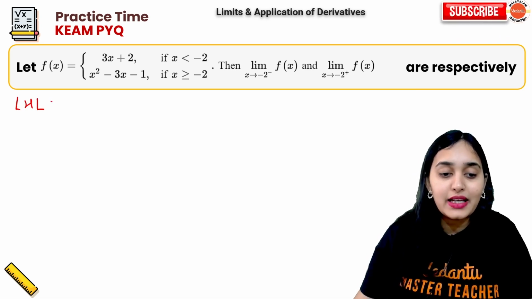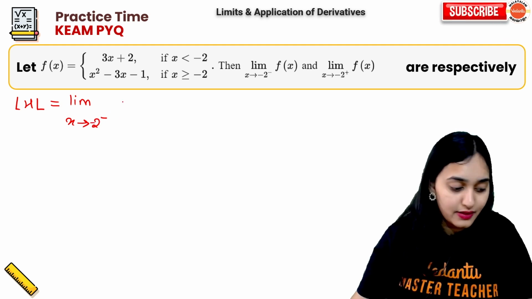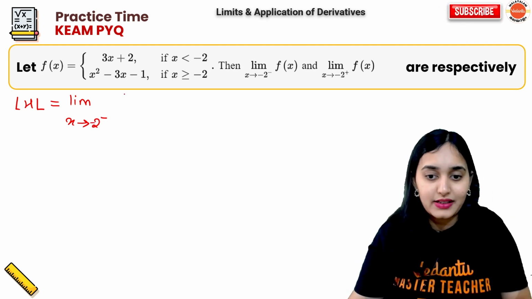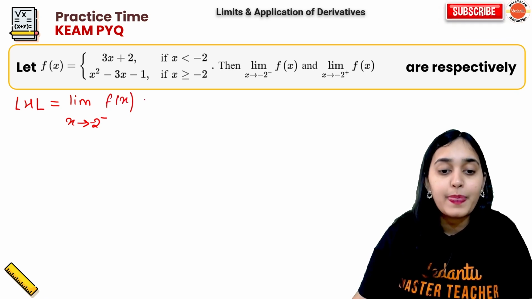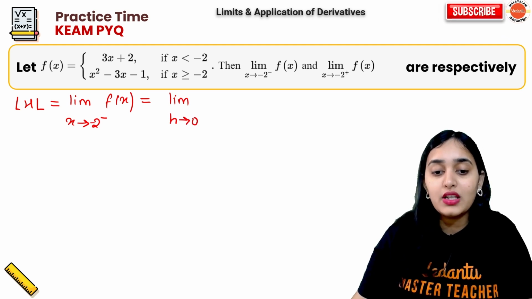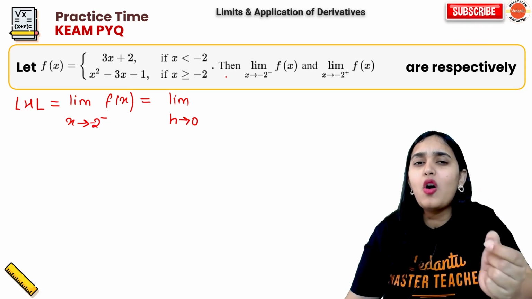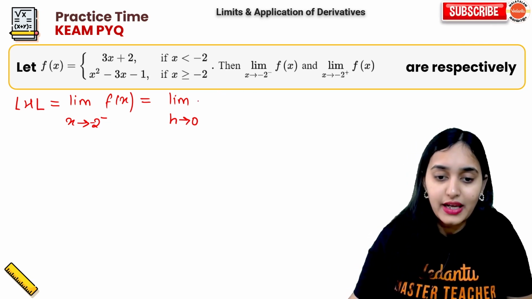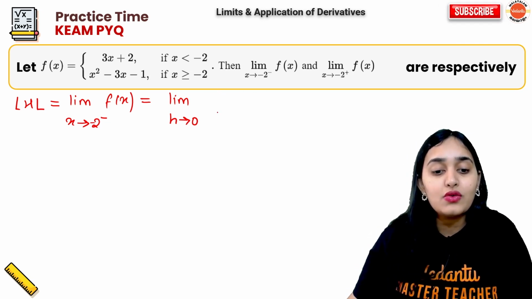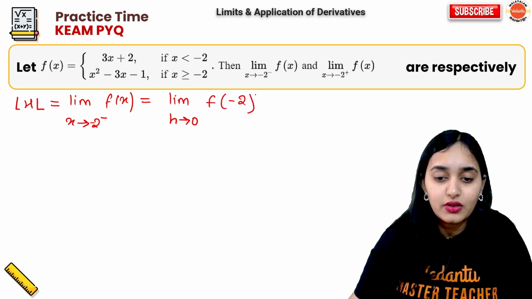Left hand limit is basically limit x tends to minus 2 negative, because we are approaching from the left hand side, of f of x. This is equal to limit h tends to 0. Now what is h? h is a value which is very small, it's almost 0. Okay. Limit h tends to 0, f of minus 2 minus h.